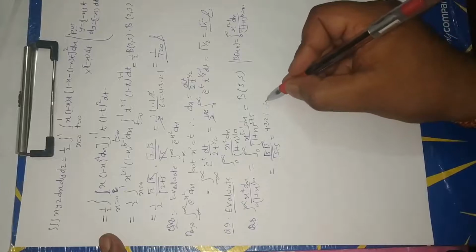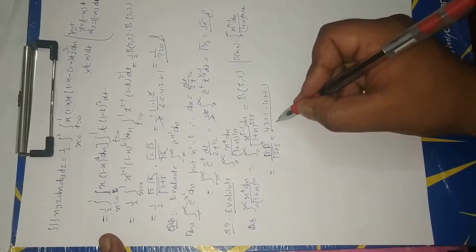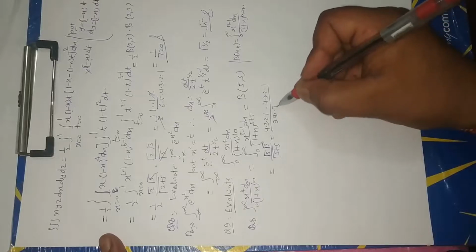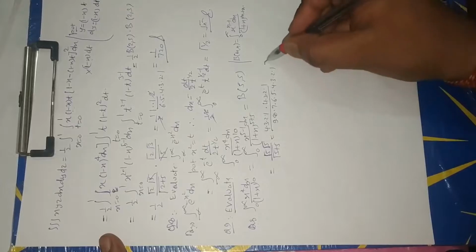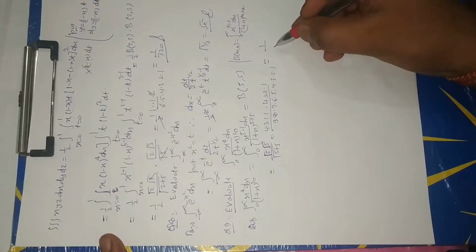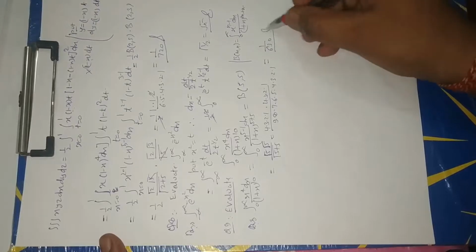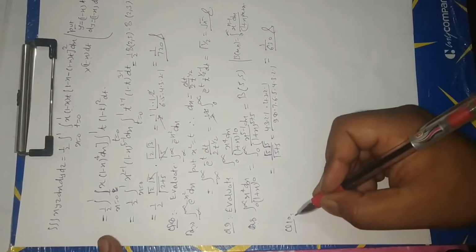Similarly gamma 5 is 4 into 3 into 2 into 1 upon gamma 10, 9 into 8 into 7 into 6 into 5 into 4 into 3 into 2 into 1. This is equivalent to 1 upon 630.